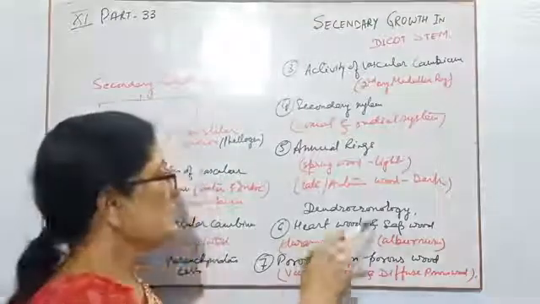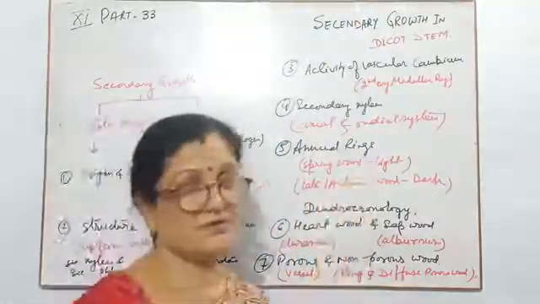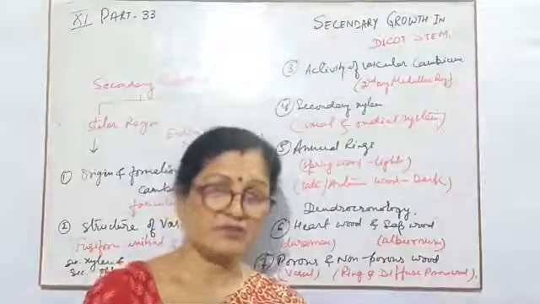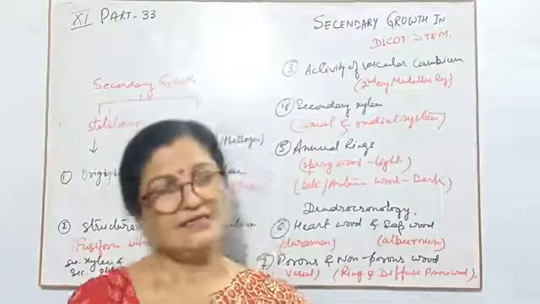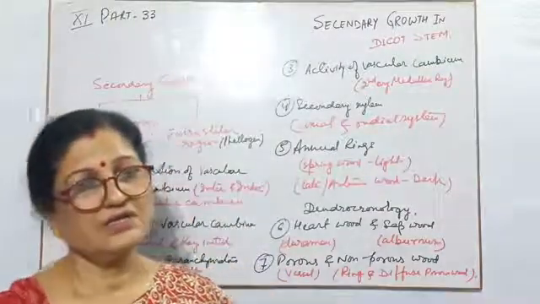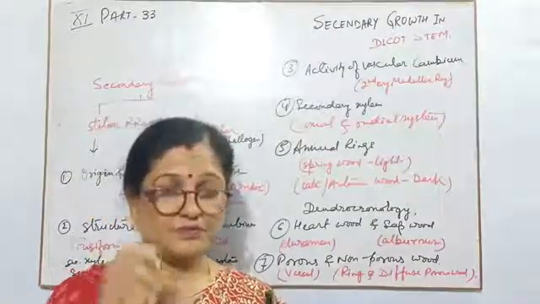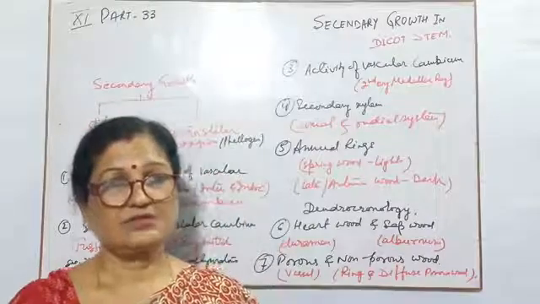But this annual ring will be darker than the previous one because they are more compact, and they have more mineral in their cell sap to impart the dark color to them.